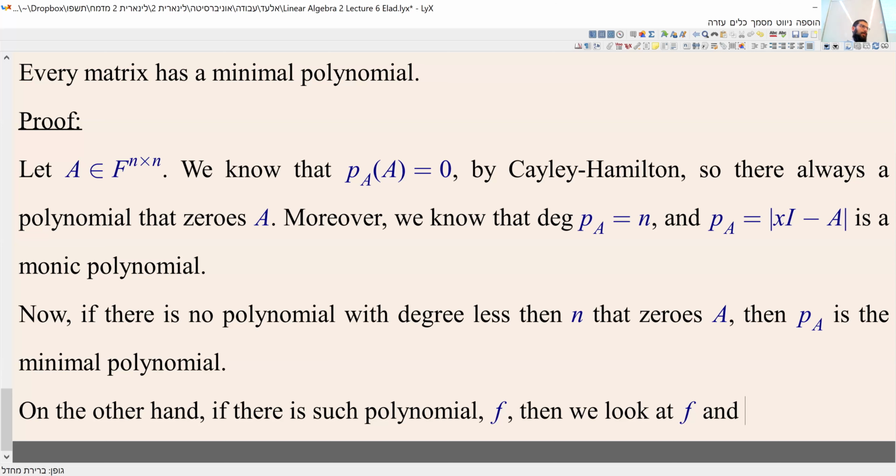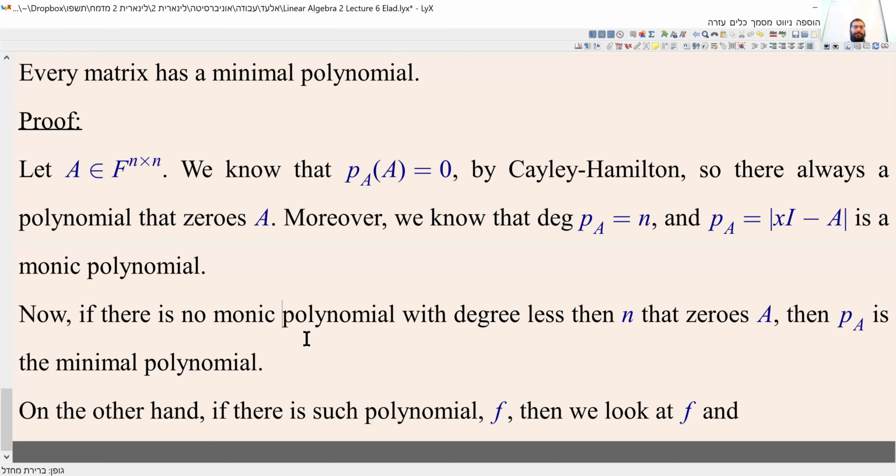If there is no polynomial with a degree less than the degree of f that zeros A, then f is the minimal polynomial.